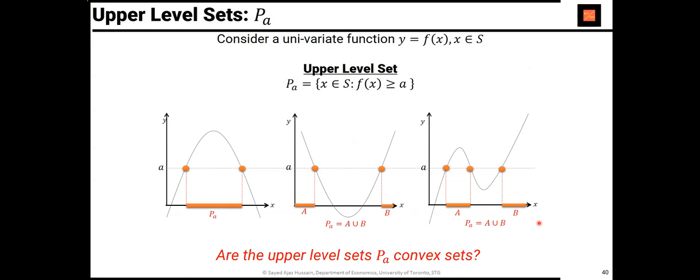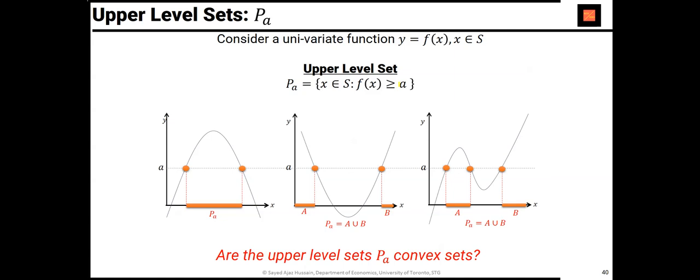Now we do something a little bit different: upper level sets. I'll use a single variable function to illustrate what that means. An upper level set says, these are all the x's in the domain such that the value of the function is bigger than or equal to some number a.